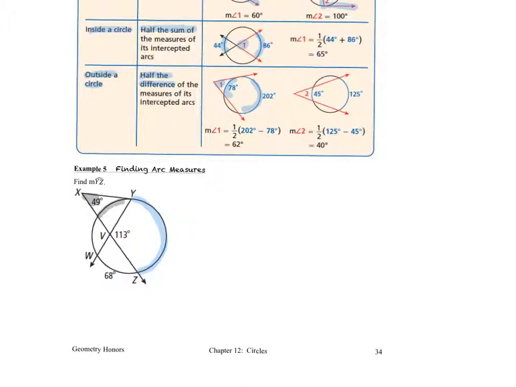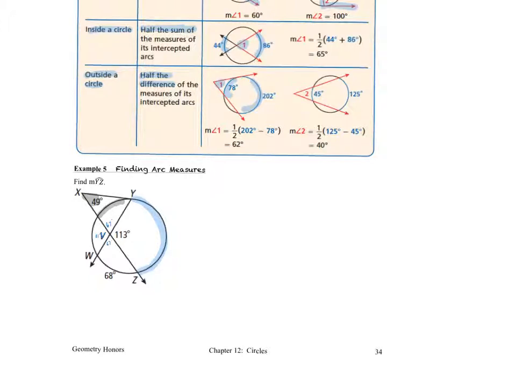But I don't know those arc measures, so I have to go with what else I know. I see that I have a linear pair in here, so 113, well this is vertical angle, so that would be 113, and I could subtract 113 from 180, and that would be 67 degrees, and this is 67 degrees.